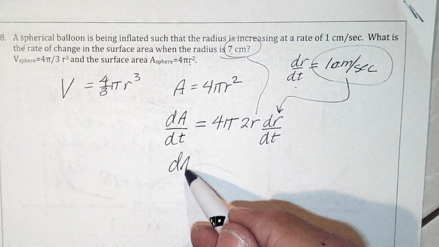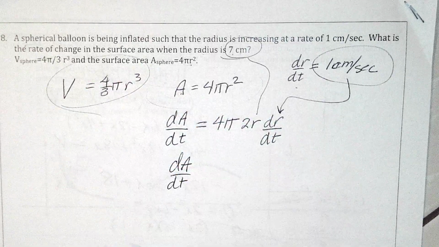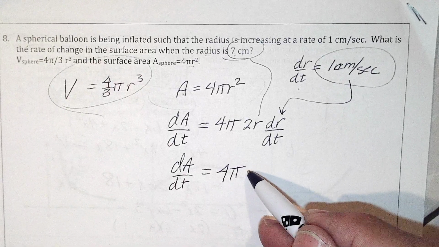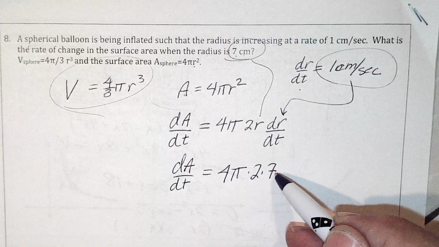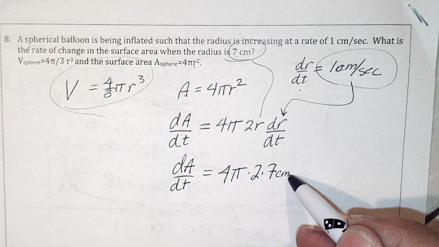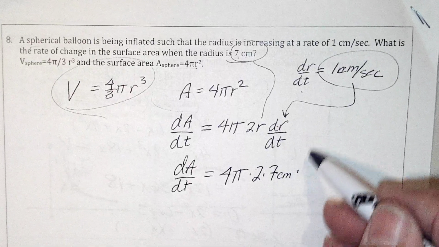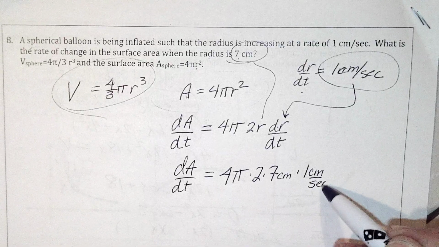And the change in the area with respect to time, looks like we didn't need this formula, is 4 pi times 2 times 7 centimeters times this, which is 1 centimeter per second.